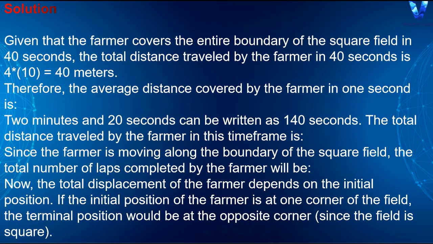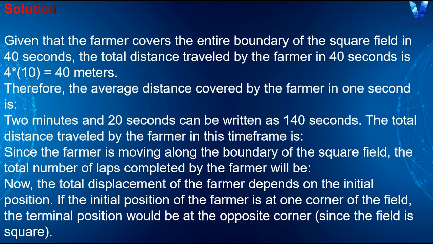Therefore, the average distance covered by the farmer in 1 second is 1 meter. 2 minutes and 20 seconds can be written as 140 seconds, because 2 minutes is 120 seconds and if we add 20 seconds, it's 140 seconds. The total distance traveled by the farmer in this time frame is 140 meters. Since the farmer is moving along the boundary of the square field, the total number of laps completed by the farmer will be 3.5.